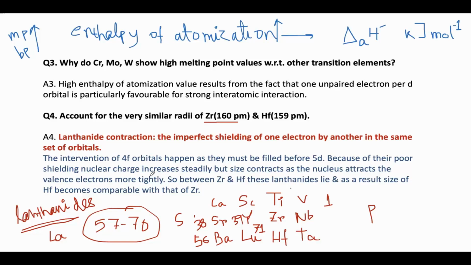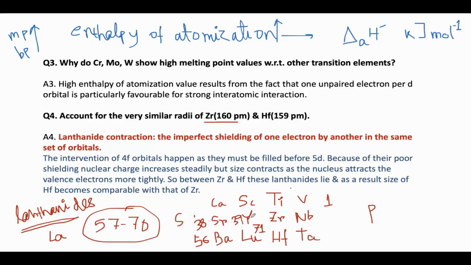So between zirconium and hafnium these lanthanides lie, and as a result, the size of hafnium becomes comparable with that of zirconium. I will simplify this for you.